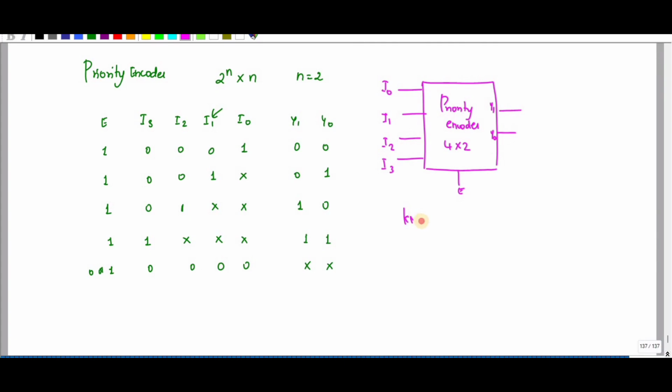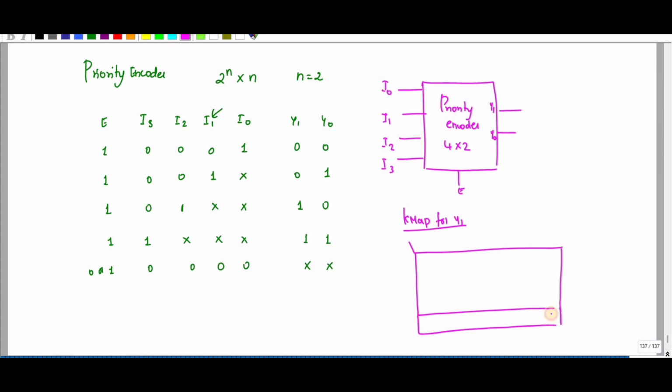First, let us form the K-map for Y1. If the input is all zeros, the output is X. If I0 is 1, Y1 is 0.